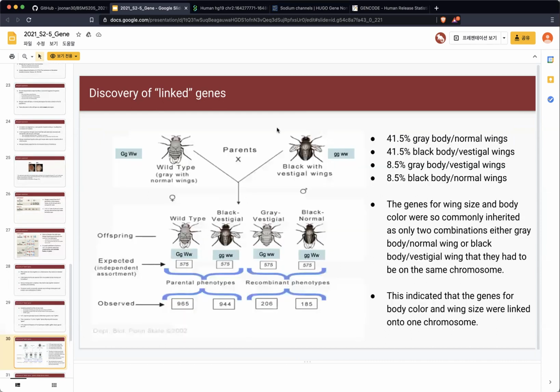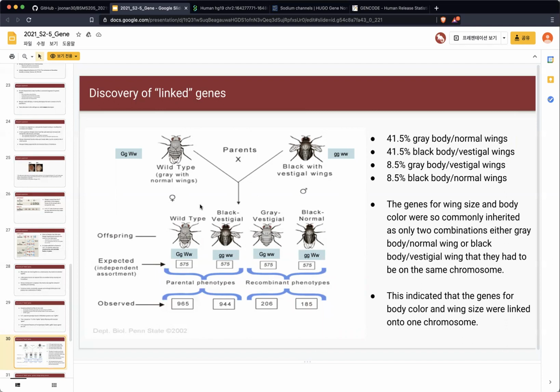So if you look at his experiments, he crossed one heterozygous parent and the recessive parent. But then after a generation, he actually saw the 3-to-1 ratio in the generation in the two traits, as if these two traits are the same one.